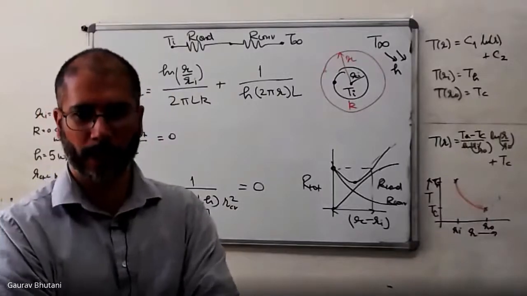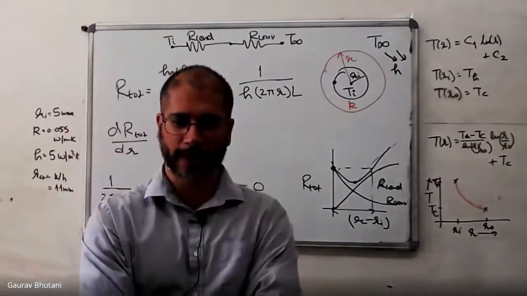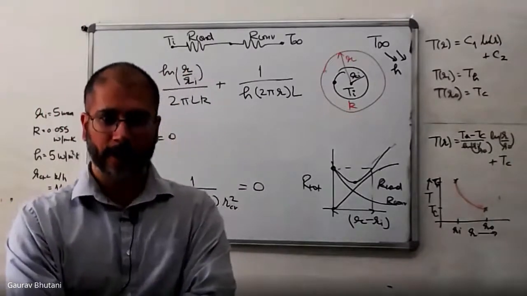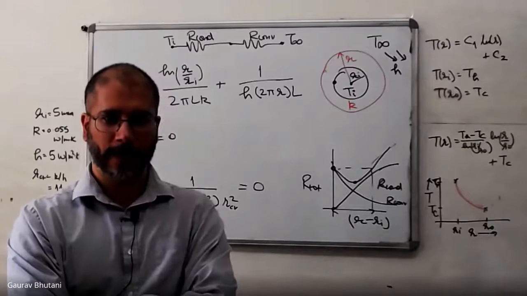So providing an insulation will benefit, in addition to using a good material for heat transfer. Right. So where you would want to increase your rate of heat transfer, this idea is very useful.